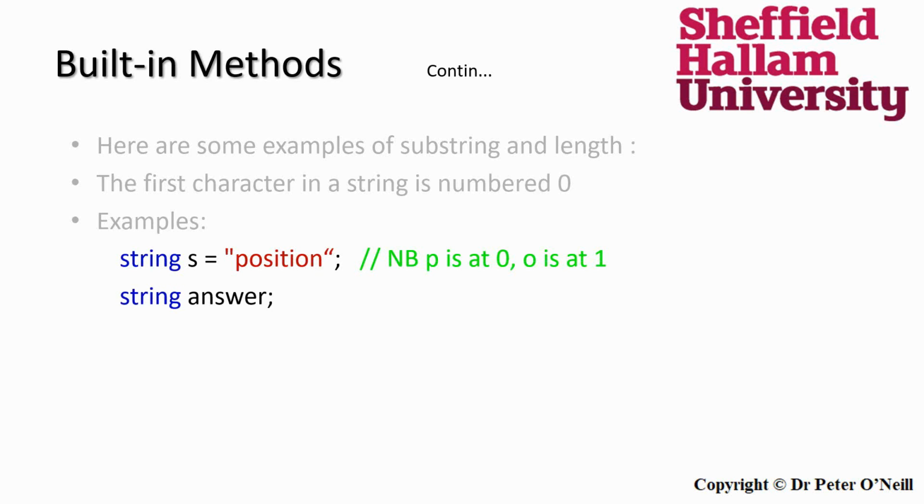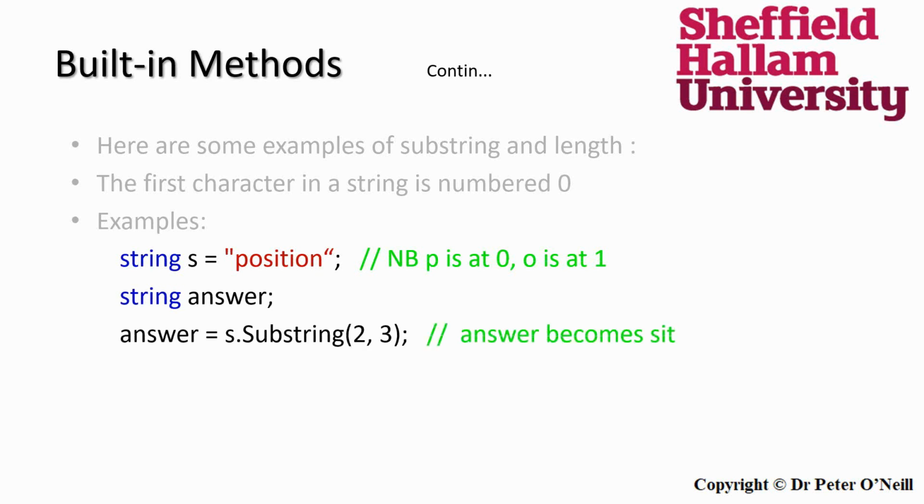So, string answer. Answer becomes S dot substring 2, 3. The answer is the word "sit". So we'll take it from there.